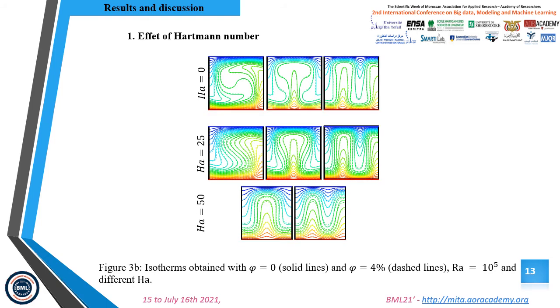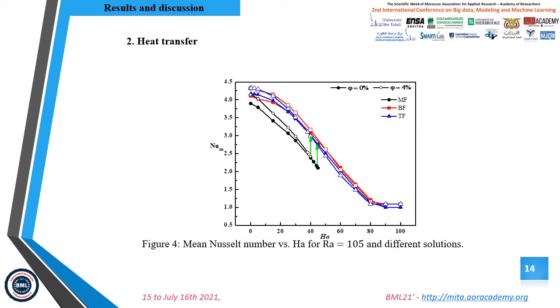Figure 3b shows clearly that the temperature field changes strongly from one flow pattern to another, particularly in the central region of the cavity due to the interaction between the neighboring cells. Thus, the number of undulations exhibited by the isotherms increases in the horizontal direction with the number of cells forming the fluid.